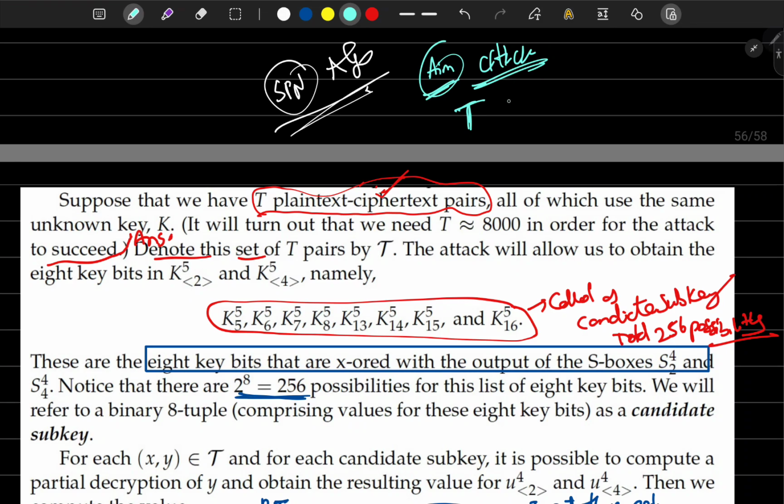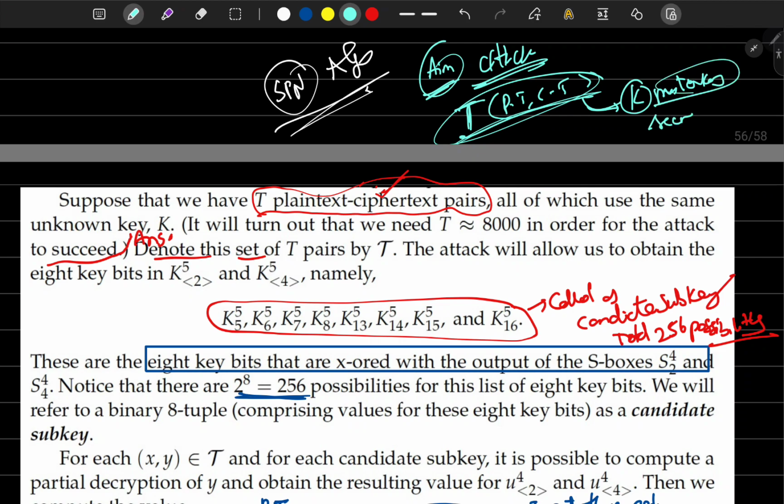So t is the number of known pairs. Suppose this is the plaintext. Using these t pairs, he will do some pattern observation, in simple words, and finally he will get the key. K, the master key, means basically he will get the secret key.